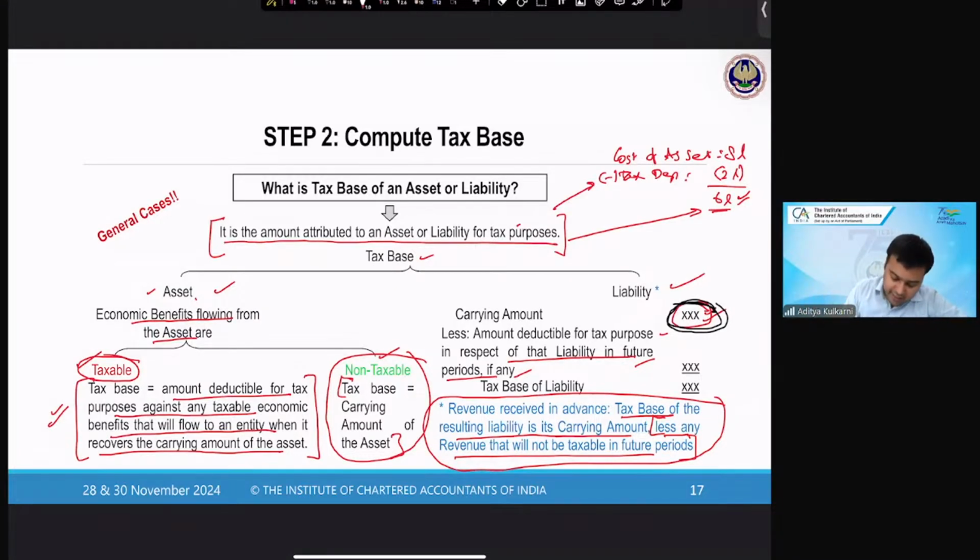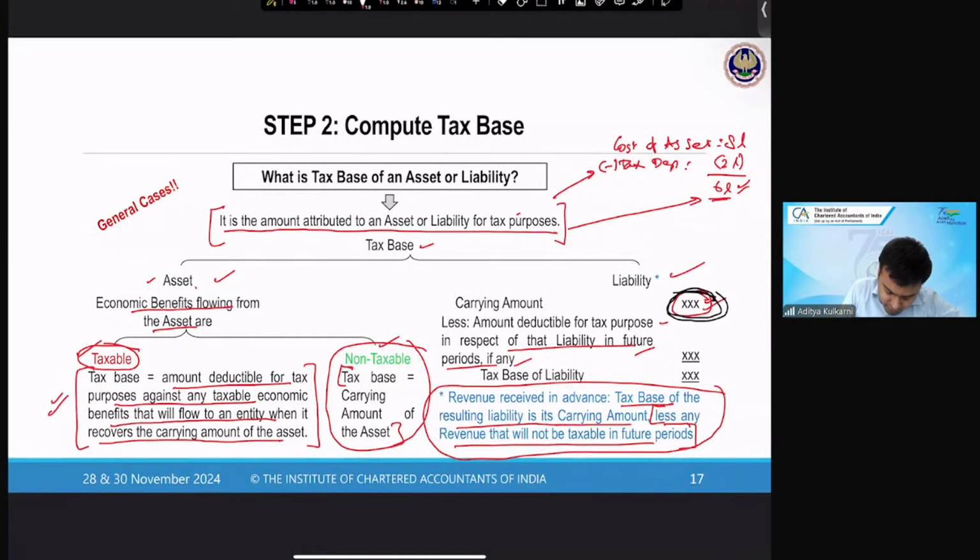Yes, sir. In our example, cost 8 lakhs, IT depreciation 2 lakhs, 6 lakhs. This is your carrying amount for tax records. For tax records.